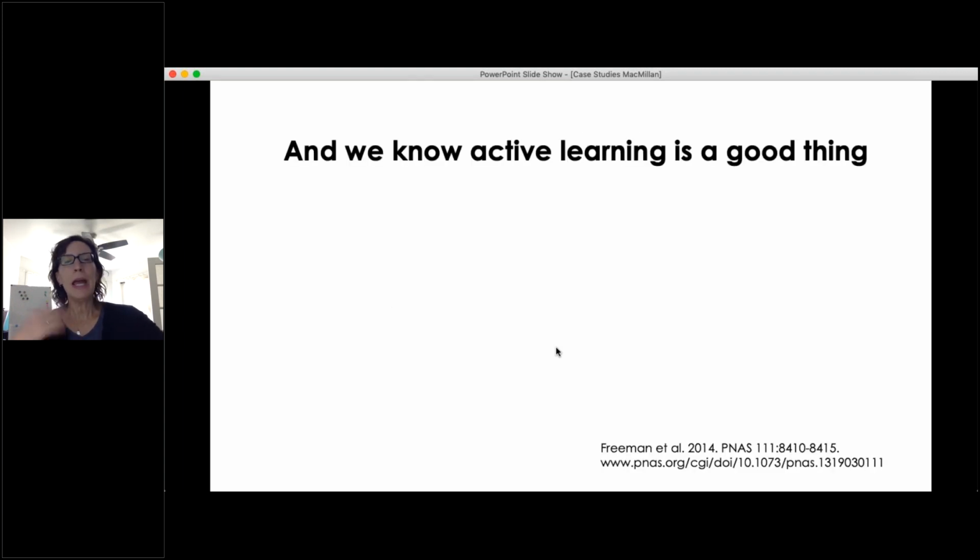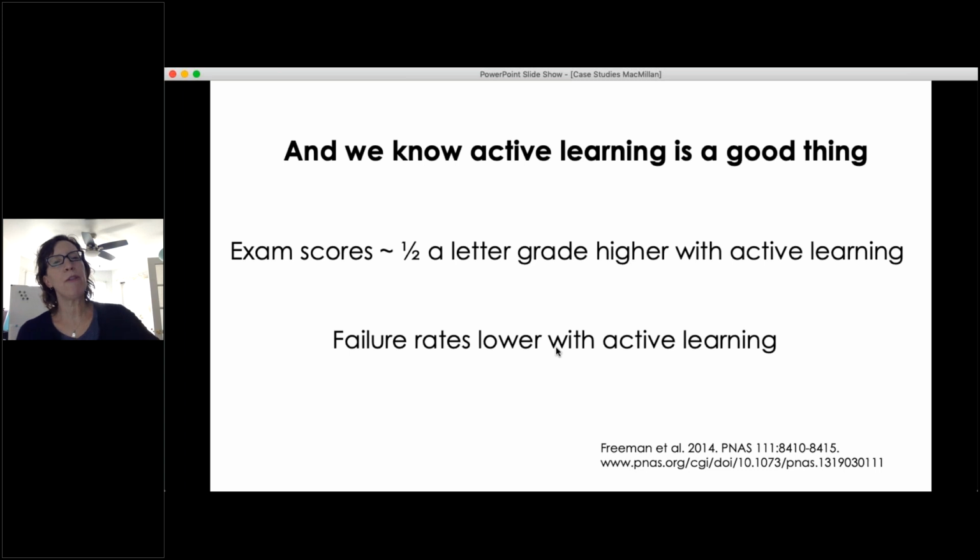All right, and we do know that active learning is a good thing, particularly from Scott Freeman's meta-analysis of 225 studies that compared traditional lecturing to active learning. That was published in PNAS, and what he found is that with active learning, the exam scores were approximately half a letter grade higher compared to courses that relied on traditional lecturing.